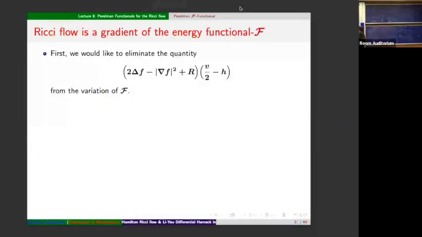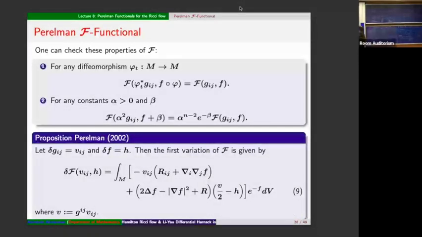So now from here, it looks like, yes, we can get something that looks like a gradient flow. Look at the first term here. So v_ij now, we can say v_ij equals this, maybe 2 of this.